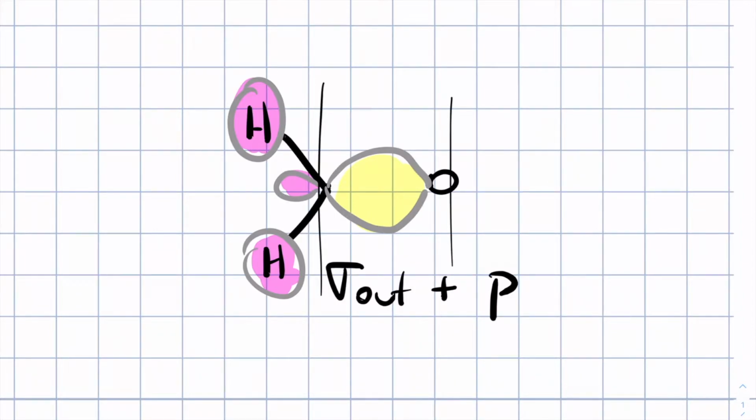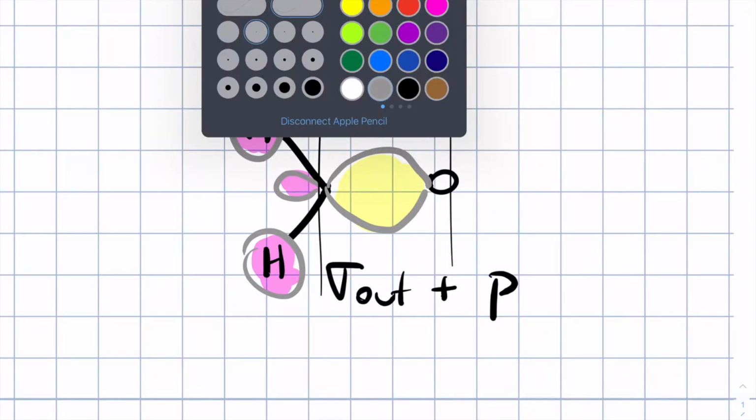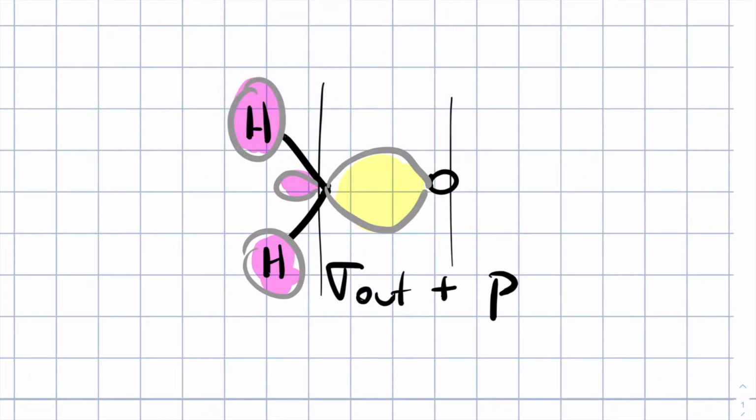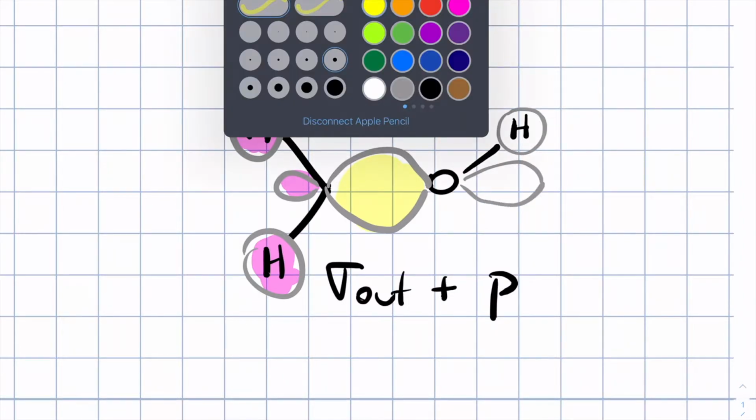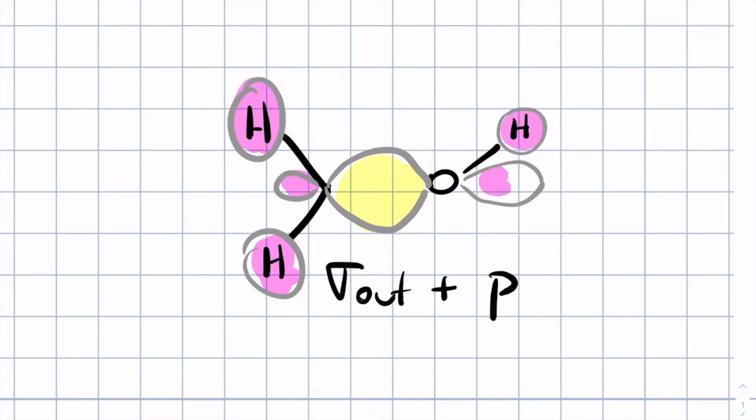So probably moving to the sort of bent geometry decreases to some extent the orbital overlap between oxygen and hydrogen.